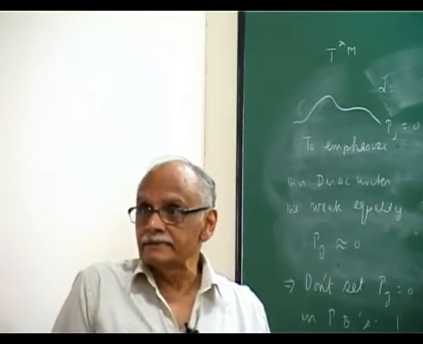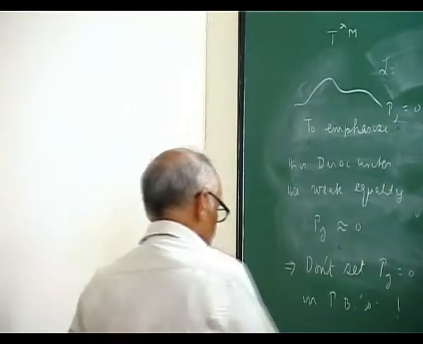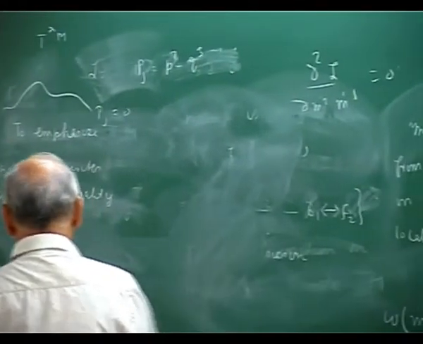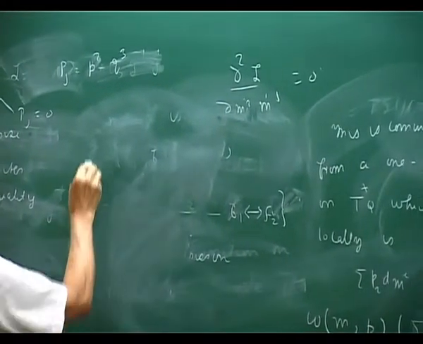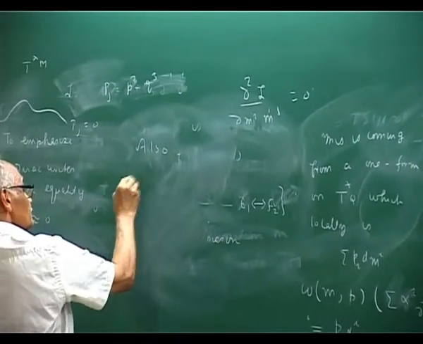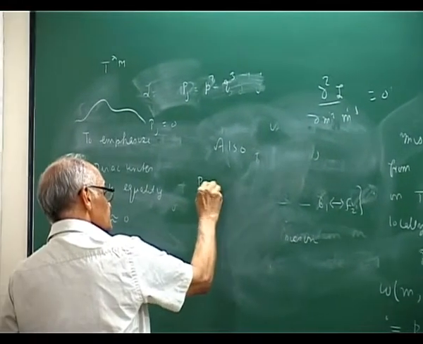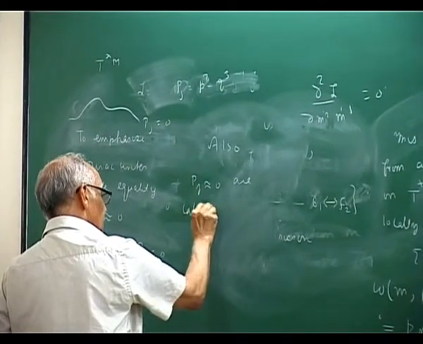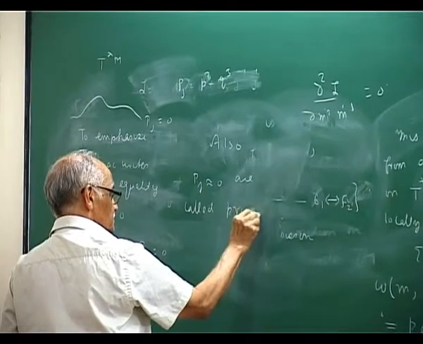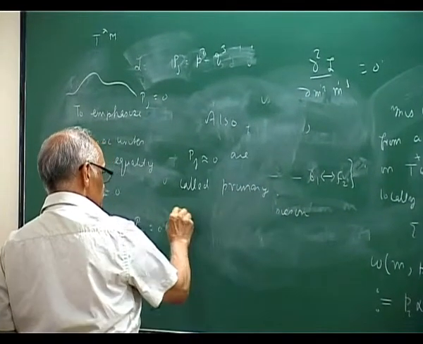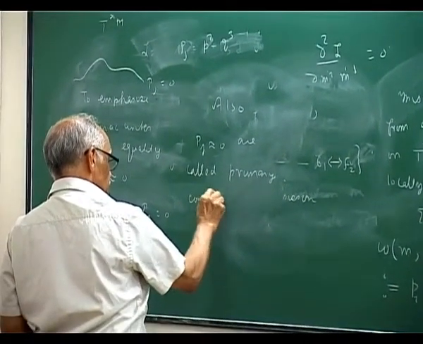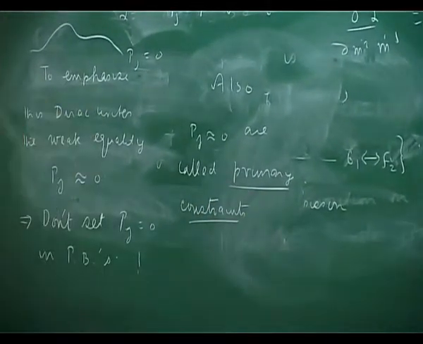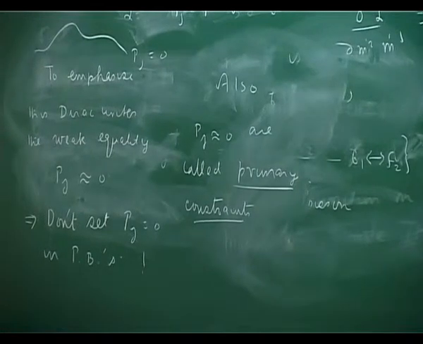Also, the Pj are called primary constraints in the Dirac language.